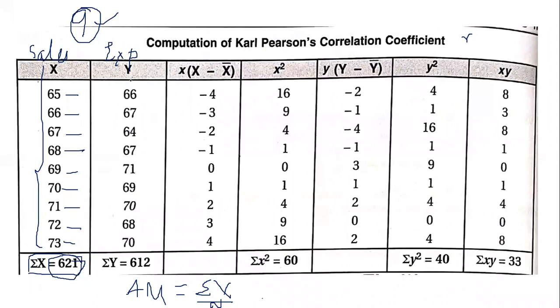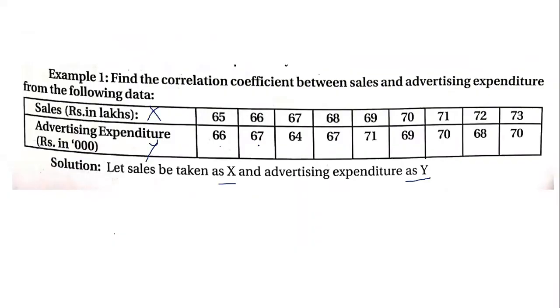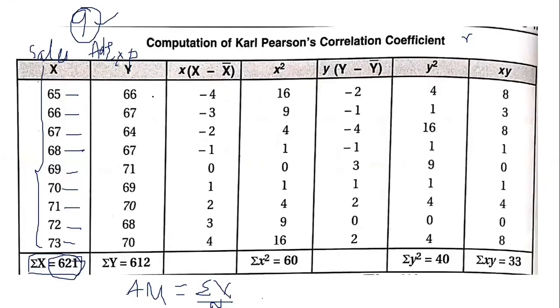Okay. Now let us find y bar. What is y? Y is expenditure, advertisement expenditure. Whatever was given in the problem, 66, 67, 64, 67, 71, 69, 70, 68 and 70, we copy this down from the problem to the solution. Again, you have 9 data only.